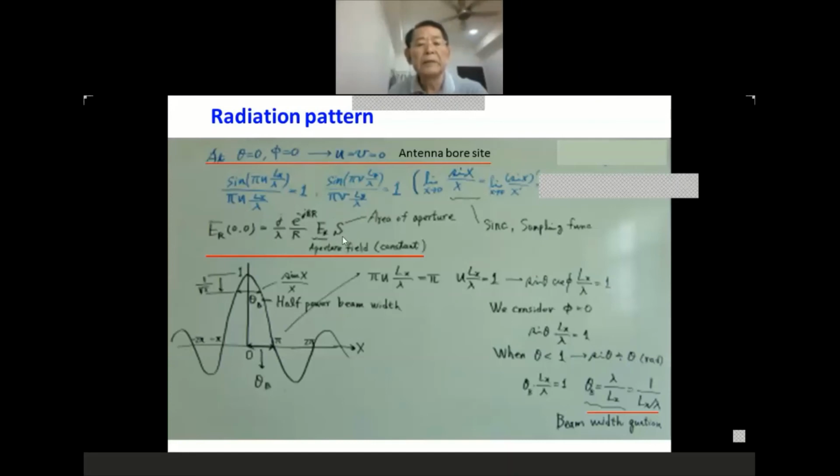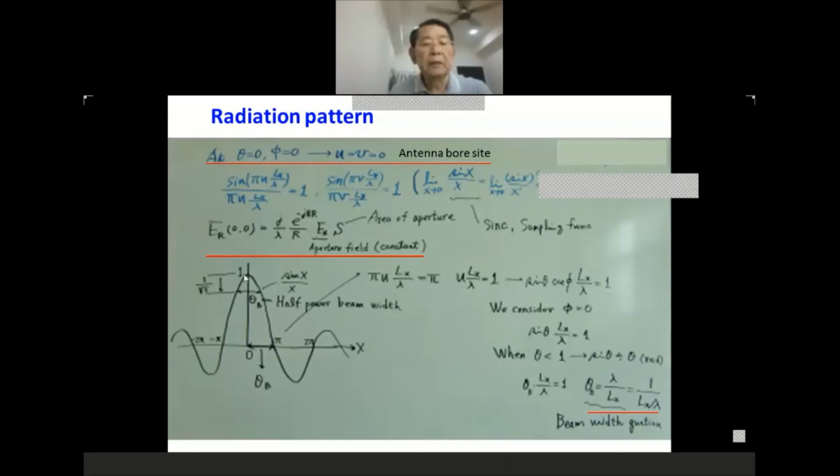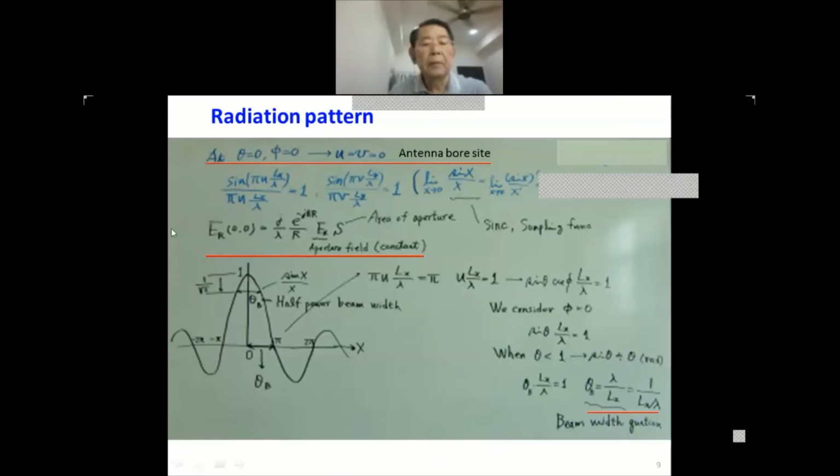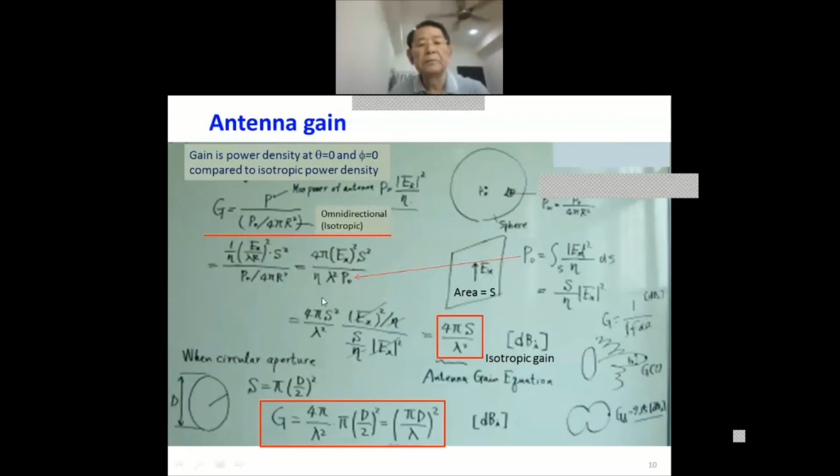Aperture size multiplied by the aperture electric field and this function. This is also very important to consider antenna gain. So the first important parameter is beam width, and the power in front of the antenna is expressed very simply.